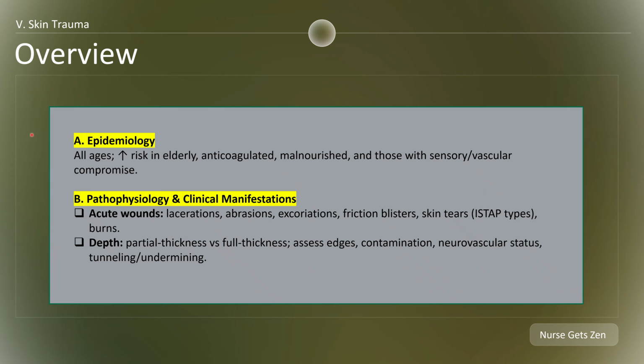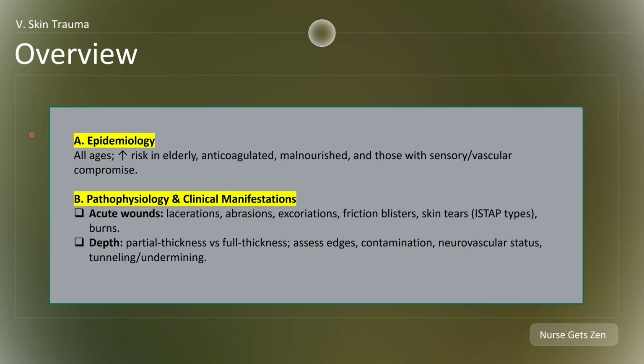There are many types of traumatic skin injuries, including laceration, abrasion, excoriation, friction blisters, skin tears, pressure injuries, and burns.